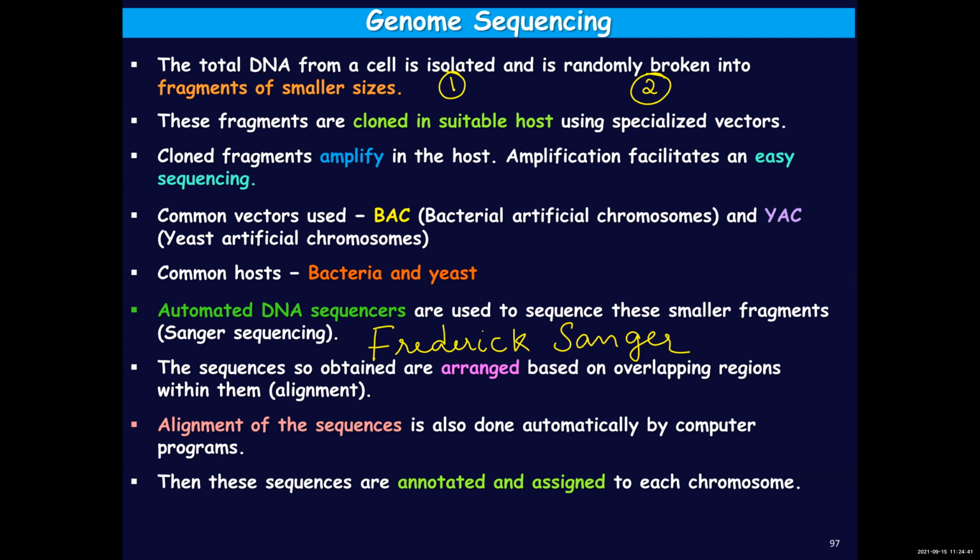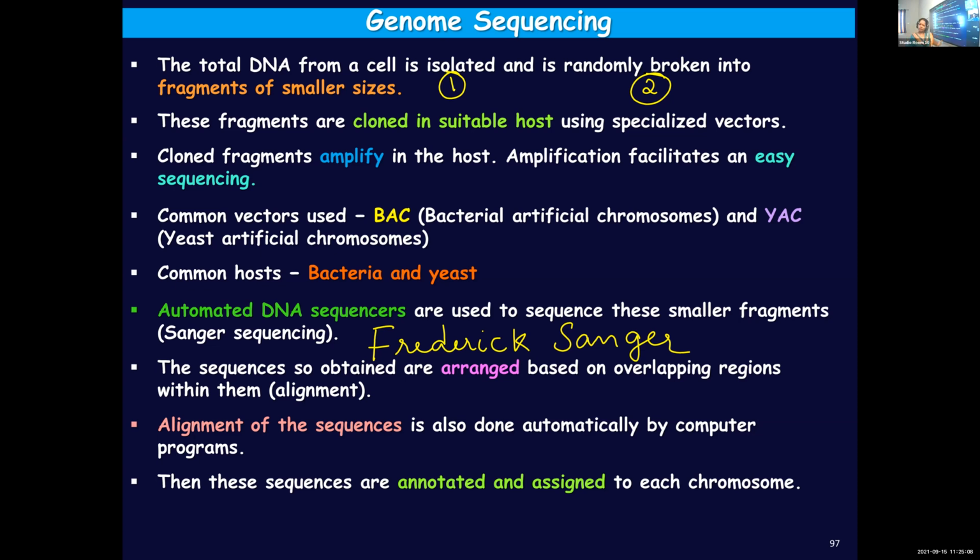So using vectors, we transfer this into a host cell, and inside the host cell, cloning takes place, means identical copies will be formed. So when several copies of this are formed, as and when this host organism multiplies, more and more copies of these genetic material will be formed. This will lead to amplification of the DNA fragments.